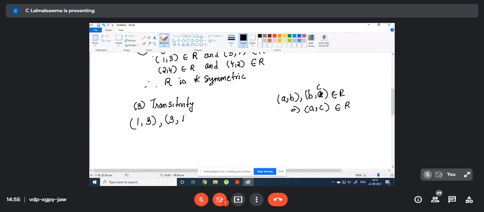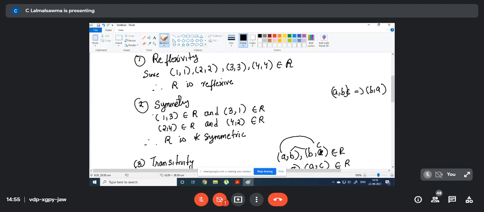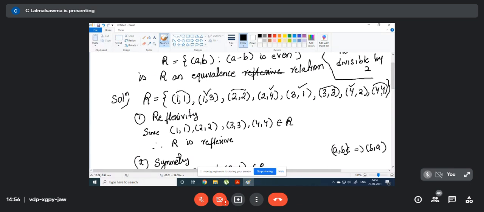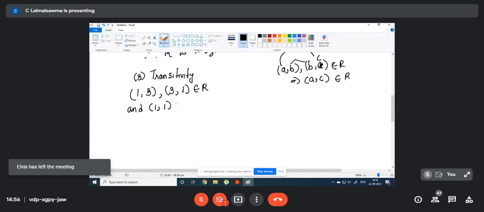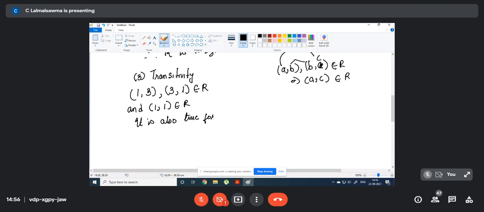If we take 3 1 belongs to R, then (a, b) and (b, c) belong to R, which implies that (a, c), the first and the last term, belongs to R. Now we take the first and the last term, 1 1, and looking at R, 1 1 belongs to R. So it is satisfied. It is also true for all other elements. We will not write all the terms because it's going to be lengthy.